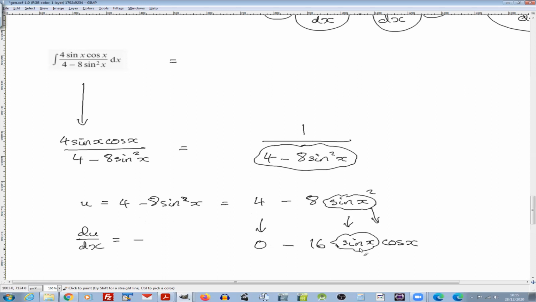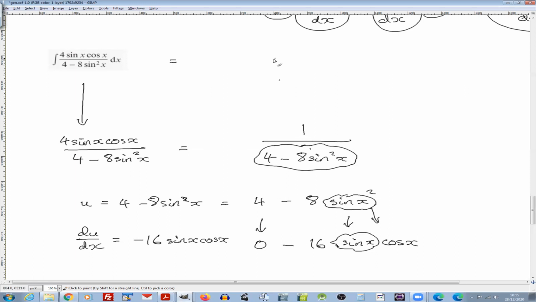We've just found out why. Well, we could, we'll have basically minus 16 sine x cos x. We could go through with that. But what about as a function of u now? Well, it's basically we're dealing with 1 over u.